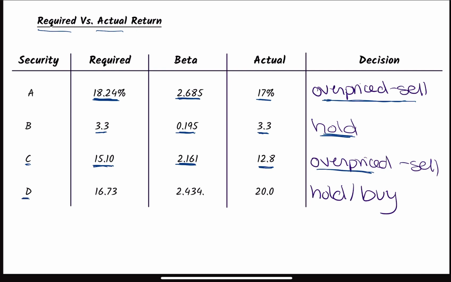Security D has a required rate of return of 16.73%. The actual return is greater than that, 20%. Okay? The beta is 2.4, which is really high, but our actual is above our required rate of return, so we're going to hold it. Okay, or we could buy it if we don't already have it.